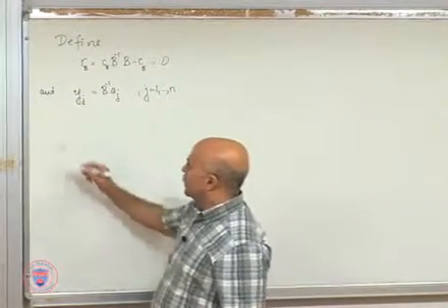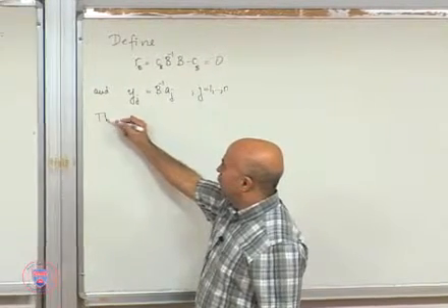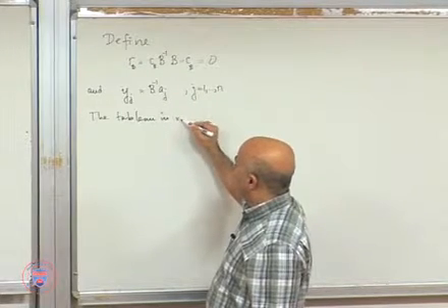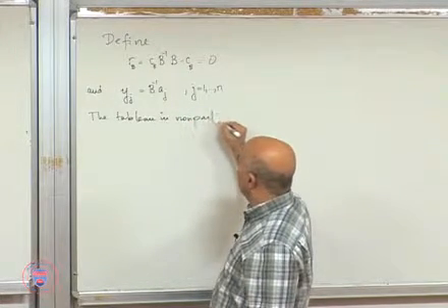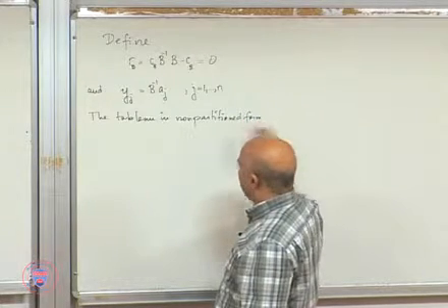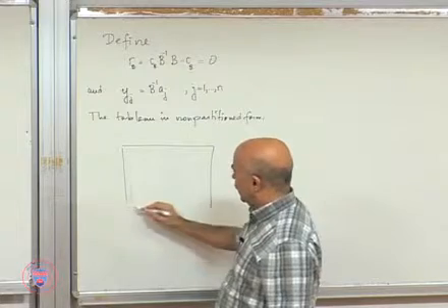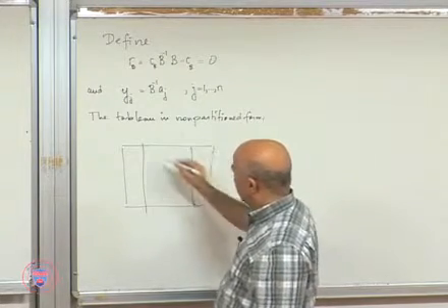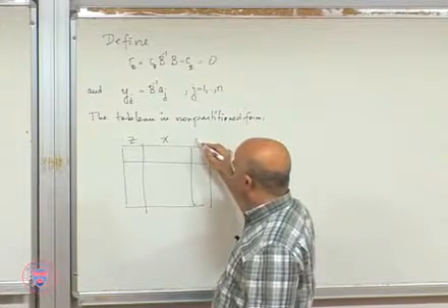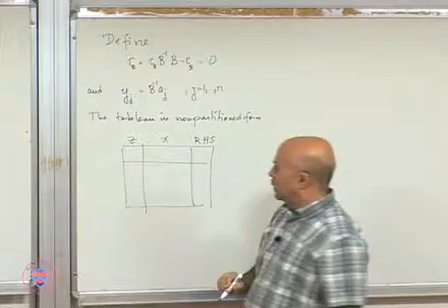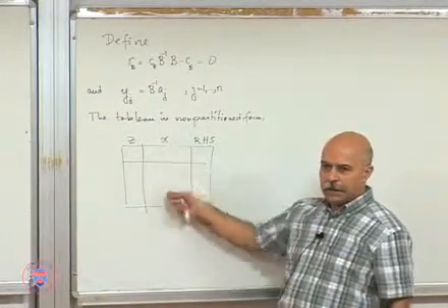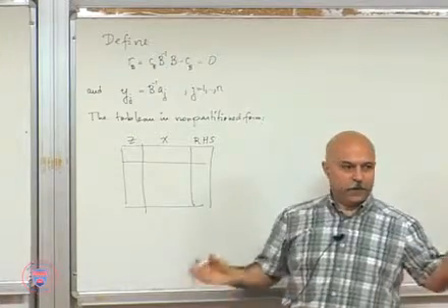Now with this, the tableau in non-partitioned form looks like this then. If I don't separate out the basic and the non-basic part in the columns, they are whatever they are.